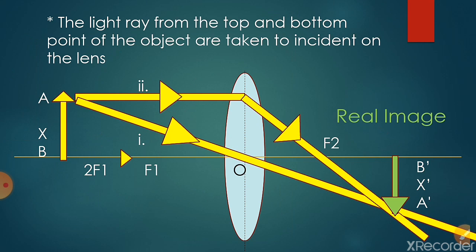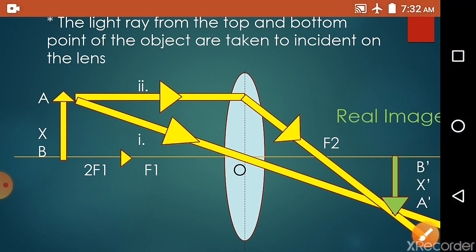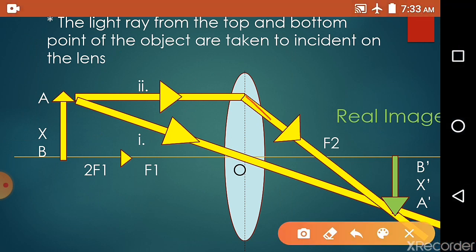If you want, see, from the point B there is only one ray that passes through the origin, and which is along the principal axis. Now see, when those rays pass through the lens, there is a refraction and the ray converges toward the point F2.